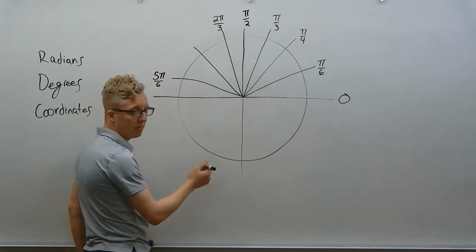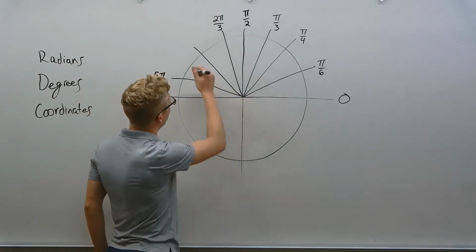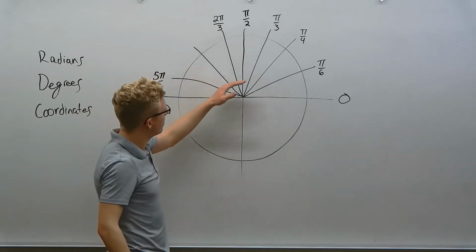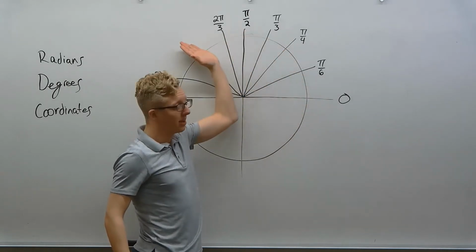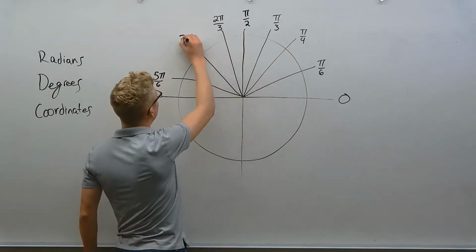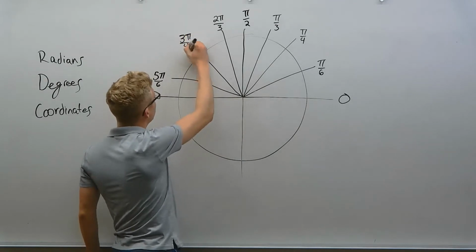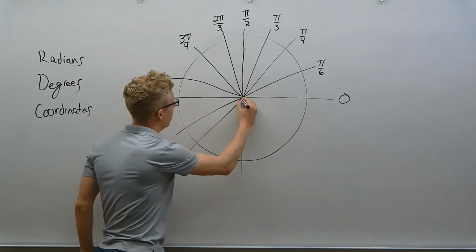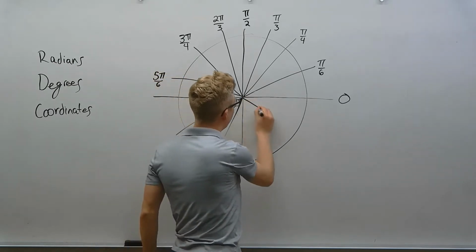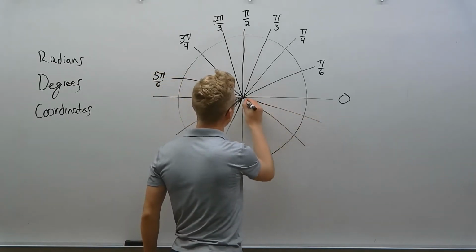Okay? Coming into the third, and then for the pi fourths, so we're going 0, pi fourths, 2 pi fourths, and 3 pi fourths. All right, and now I'll quickly draw out the third and fourth quadrants.